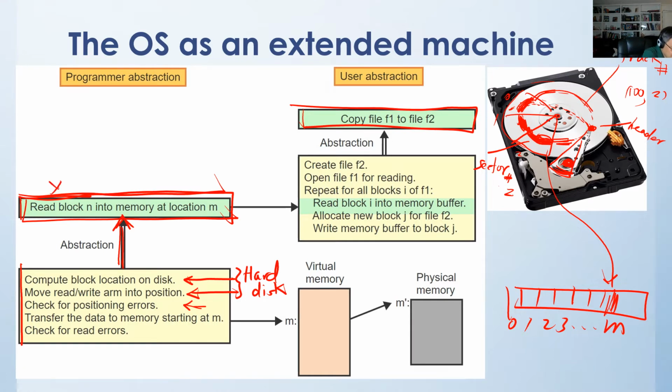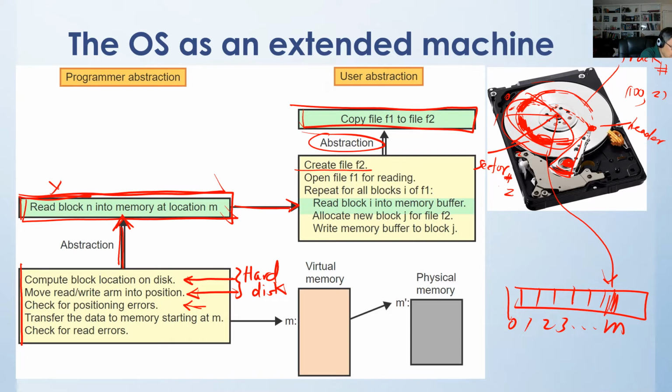So then there's another level of abstraction. At this level, if I want to copy file F1 to F2, F1 may take a couple of blocks. Like I said, F1 may be stored in a couple of blocks. So you need to perform a couple of operations to copy a complete file.